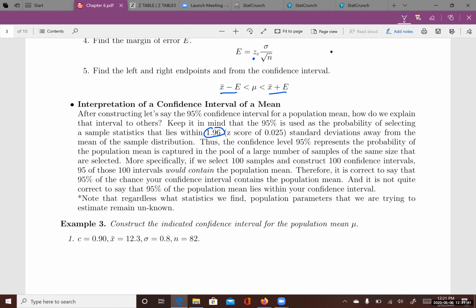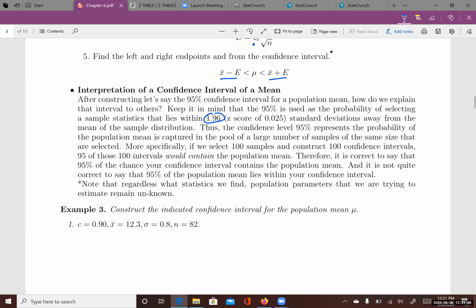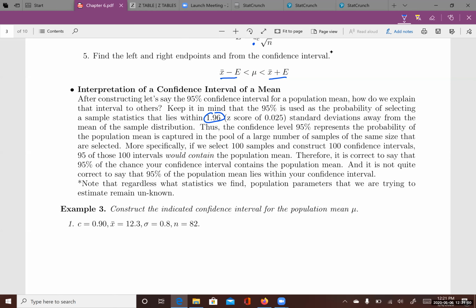More specifically, if we selected 100 samples, we would get 100 sample means, and using one level of confidence, you can construct 100 confidence intervals.